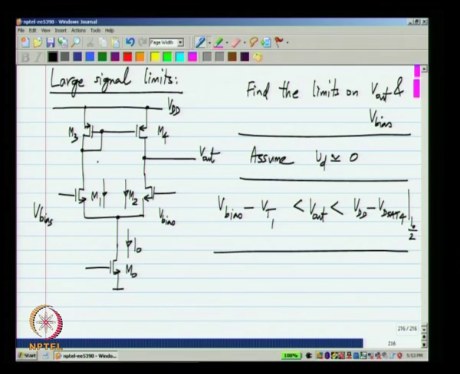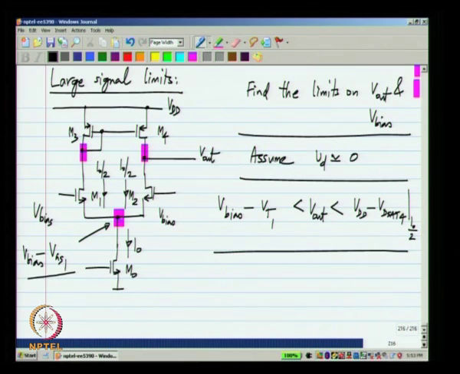The current here will be I naught and the current there will be I naught by 2 and I naught by 2. So, what happens is as V bias changes, the current in M3 and M4 will be exactly the same and the voltage here and here will not change. We will assume that the GDS of these transistors are very small. What will change is this voltage, that voltage will be V bias minus VGS of M1 or M2, I will write VGS1 here.